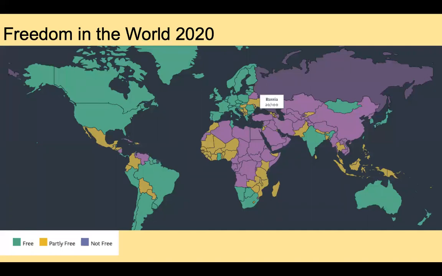And to take this point further, the reason that the Freedom in the World and the Freedom House score might not always be useful as a measure for our independent variable is because oftentimes what we try to measure as an outcome will be already contained in the independent variable, in the Freedom House score itself.